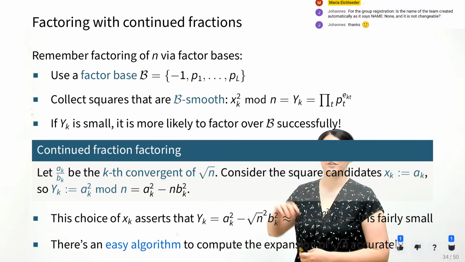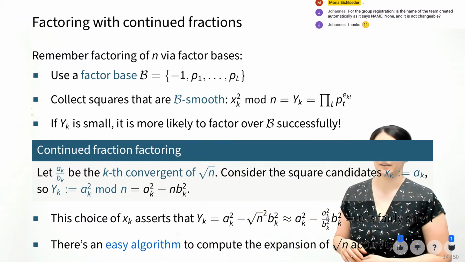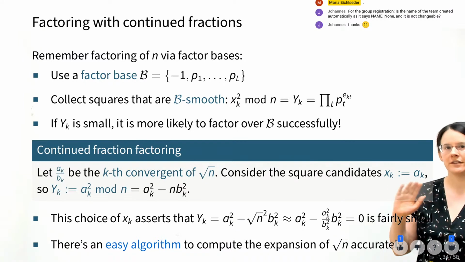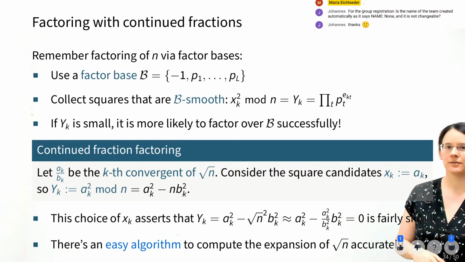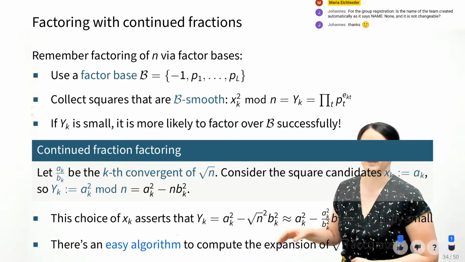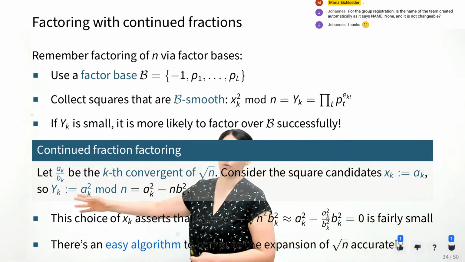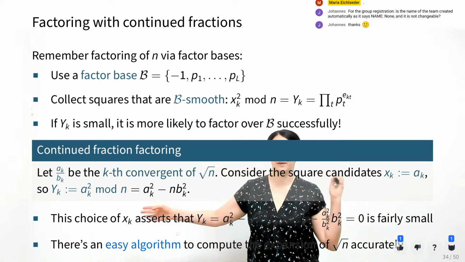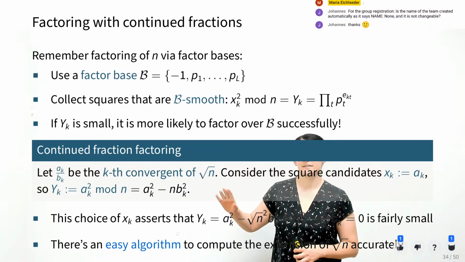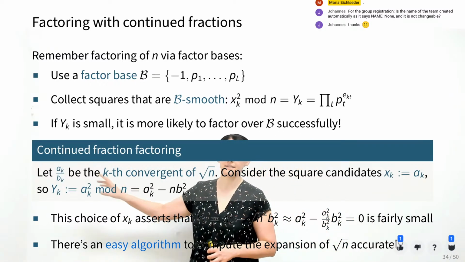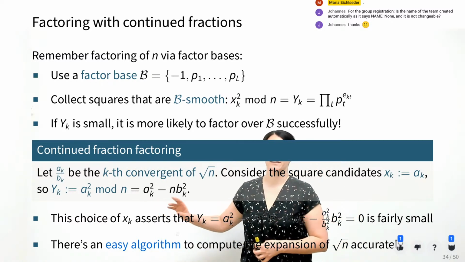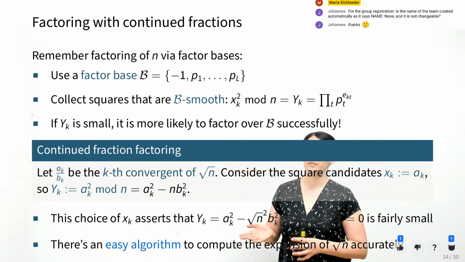So I compute convergents of the square root of n. And then, as candidates for the values x, I take exactly the numerators of these convergents that I find, so the part above the fraction bar. If that is the case, then what do I get for y? I take again these values a that I find, squared modulo n, and since a divided by b is so close to the square root of n, a squared minus n times b squared is going to be very small.